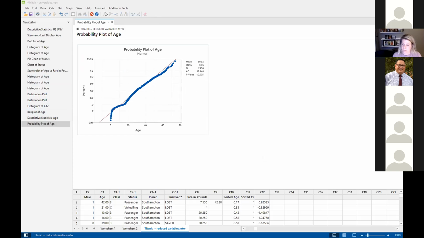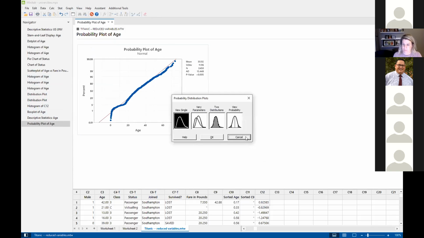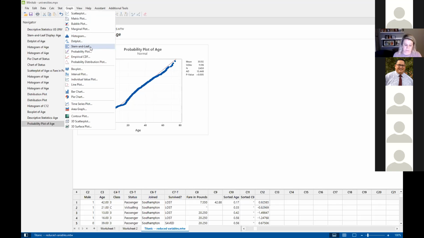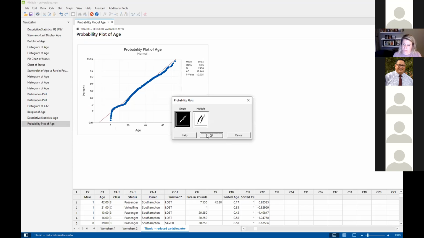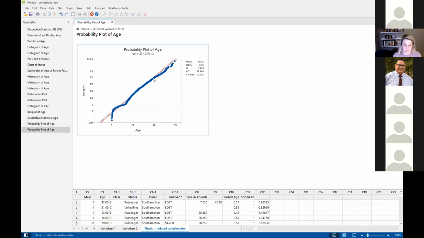This is also under Graph, where we have the probability plot. Then I can do the age. So this is also under this.